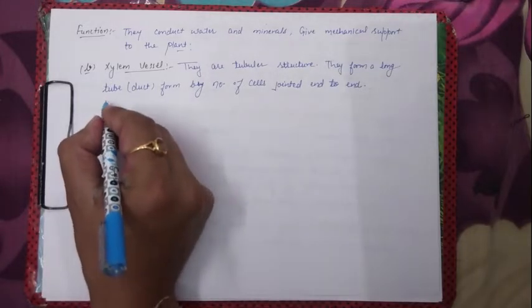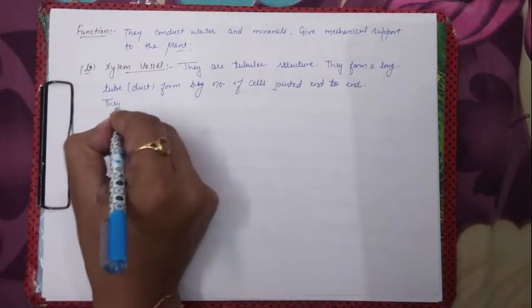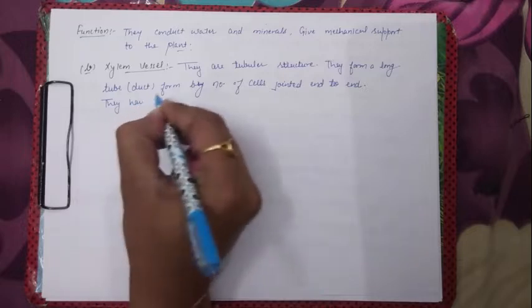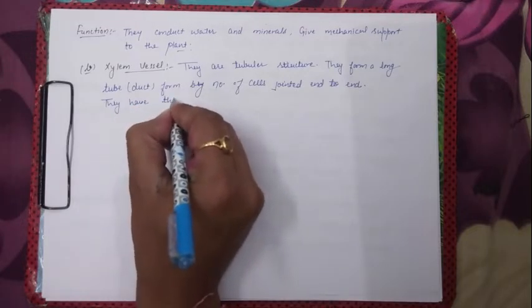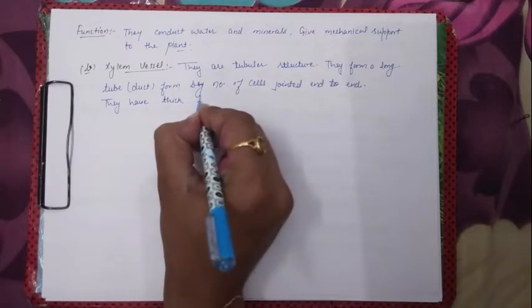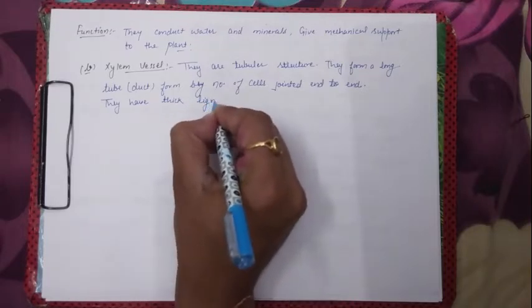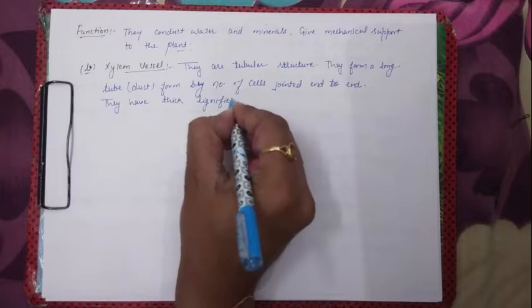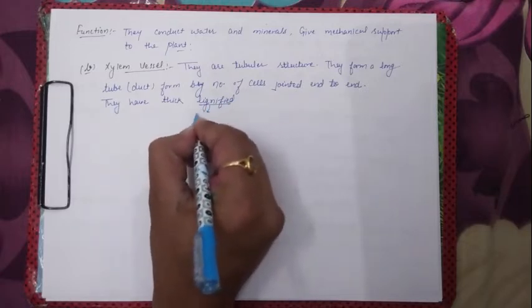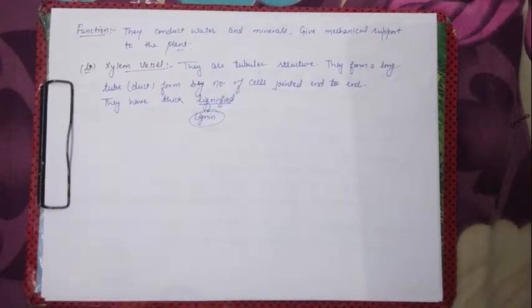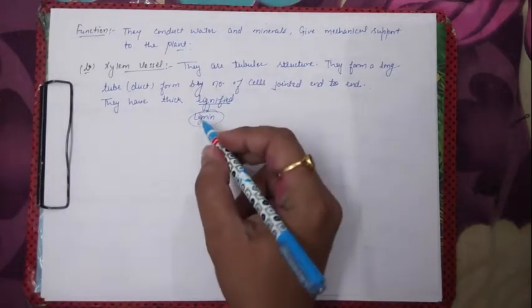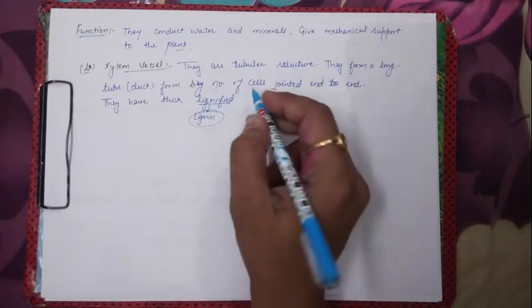The important point is they have thick lignified cell walls with wide lumen. Lignified means having lignin. Lignin prevents the entry of substances into the cell. That's why they become dead.